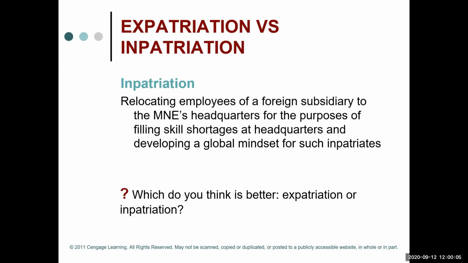It is just maybe a temporary scenario where somebody left the position in some country or maybe in the headquarters of the company, and for a temporary period, there is a requirement to be filled till the next person joins. So that can also happen where people assume temporary roles, and that is called impatriation.